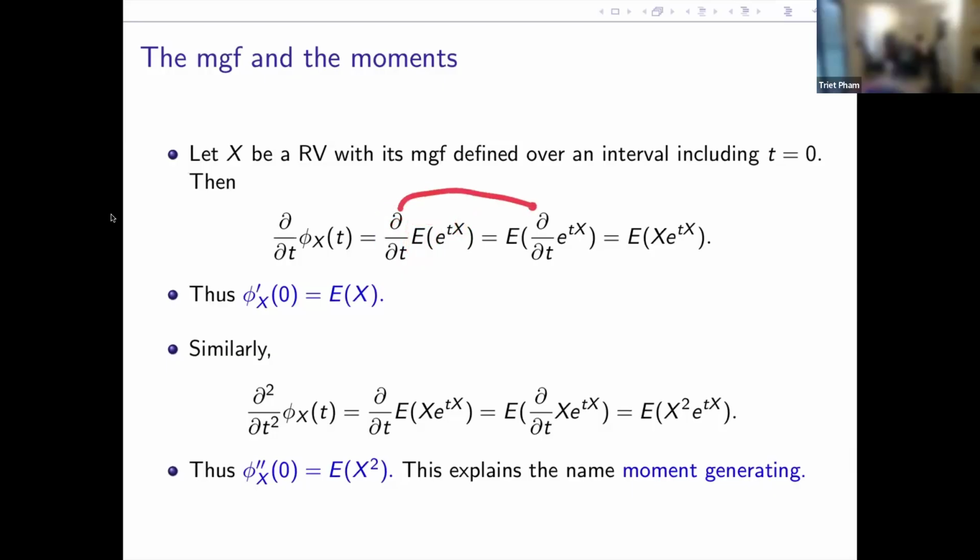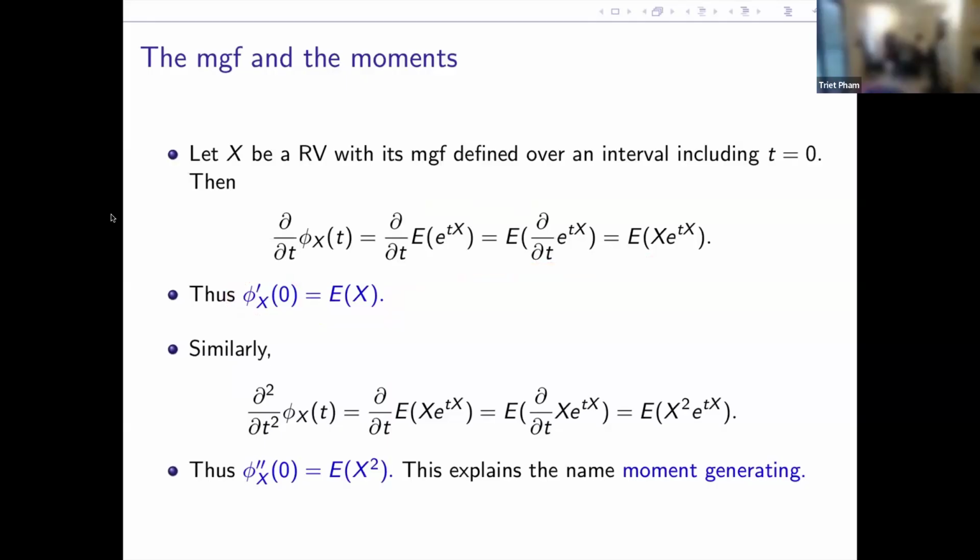When you move the partial derivative inside, because you differentiate with respect to t, the x comes down by the chain rule. Of course, observing that e to the 0 is 1, if we plug in 0 for t, we get the expectation of the random variable. So the first derivative of the moment-generating function evaluated at 0 gives you the first moment.